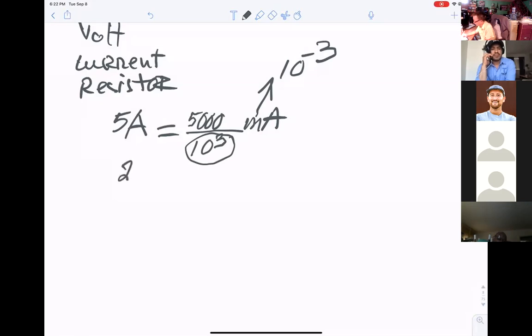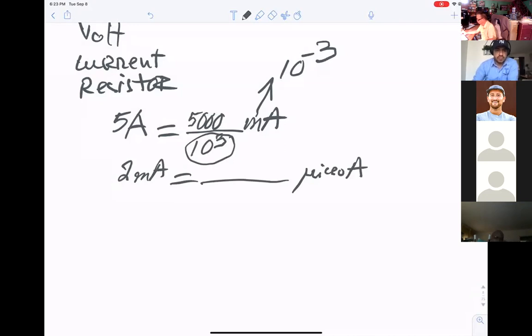Now, another one. I get 2 milliampere. I want to know how many microampere, the equivalent for micro. 2000. Okay. You understand micro is 10 to the minus 6.